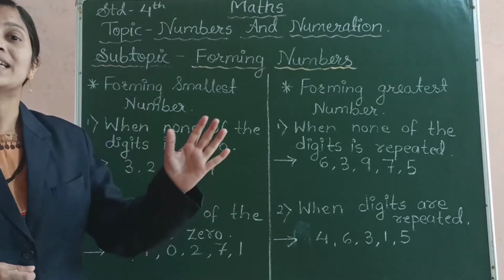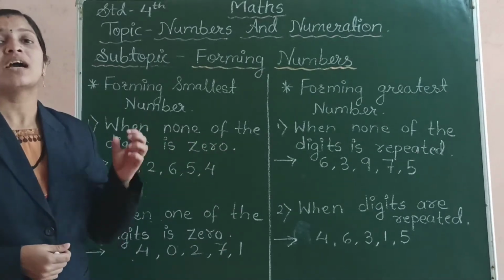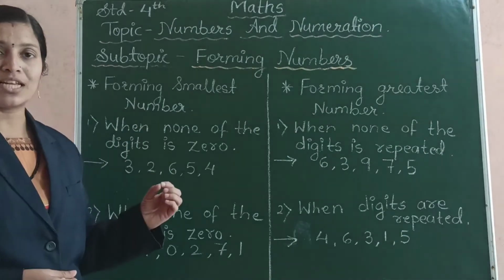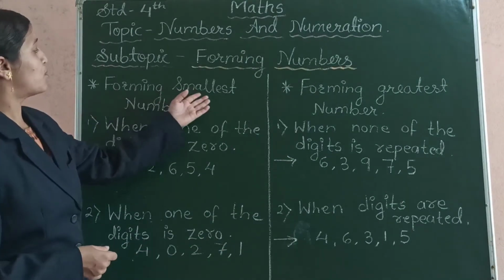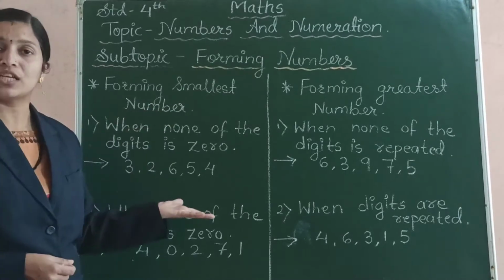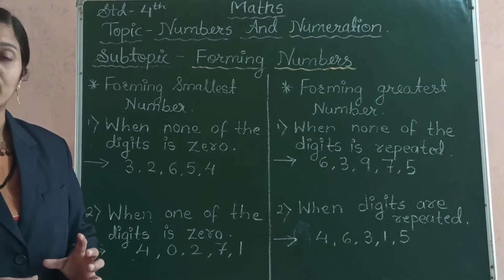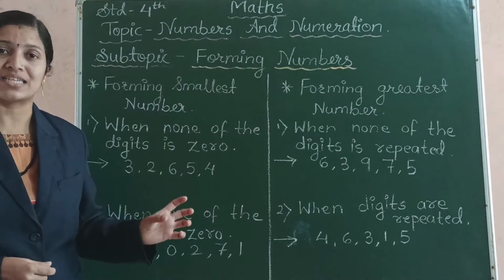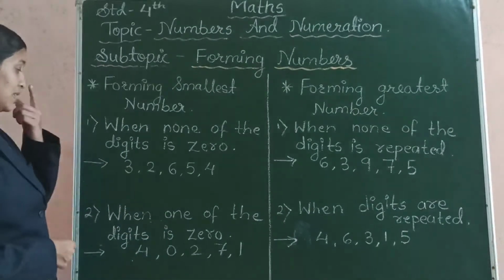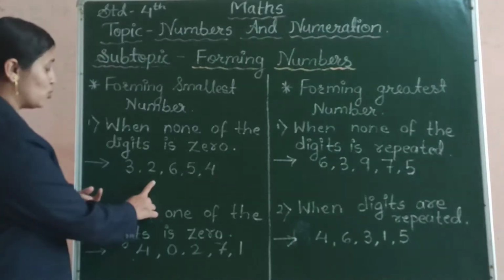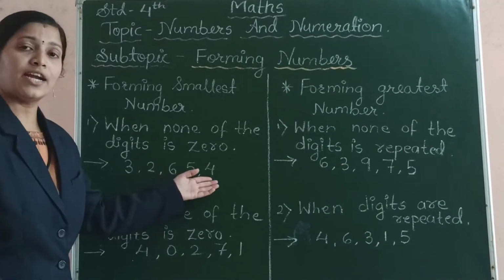How? In ascending order. Ascending order means arranging the digits from smallest towards the greatest. So when we are forming the smallest number with the help of the given digits, we have to arrange the digits in the ascending order. For example, suppose we are given the digits 3, 2, 6, 5 and 4.